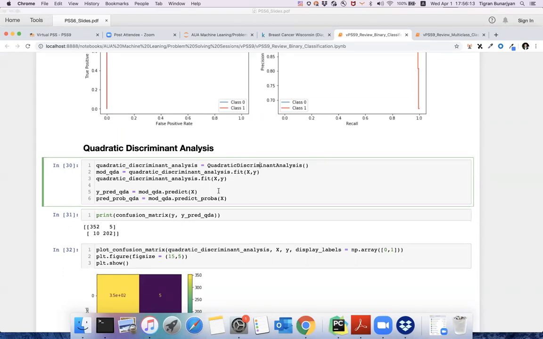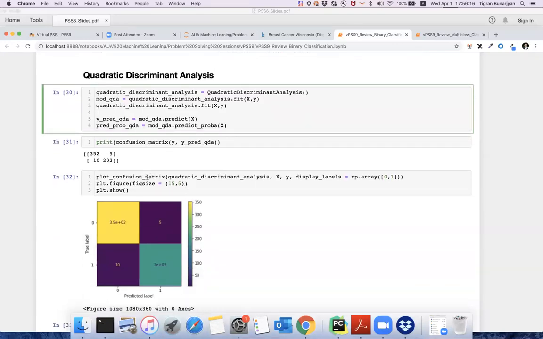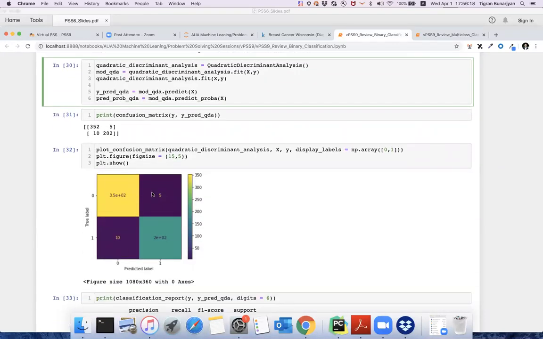While plotting the confusion matrix in here, we can see that the true positives and the true negatives are pretty high, and the false negatives and false positives have changed.